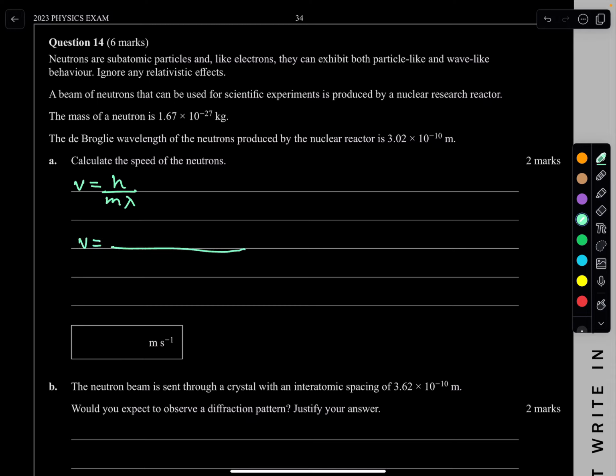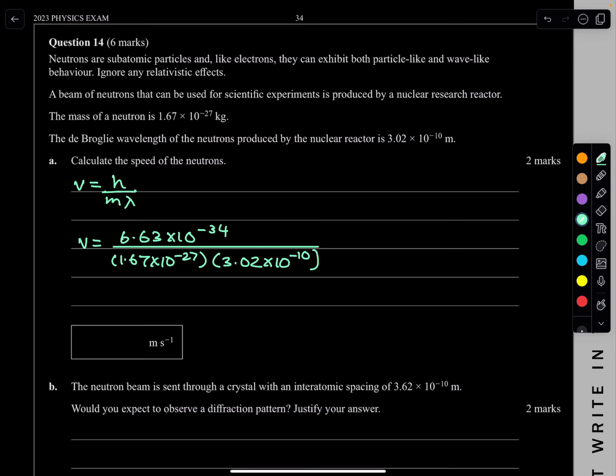So we put in 6.63 times 10 to the power of negative 34, divided by your mass, 1.67 times 10 to the power of negative 27, times your wavelength, which is 3.02 times 10 to the power of negative 10.